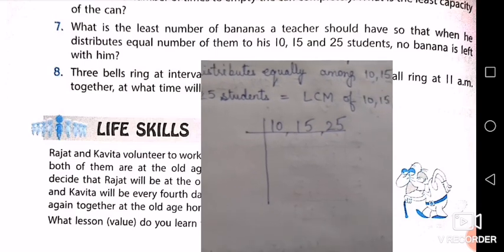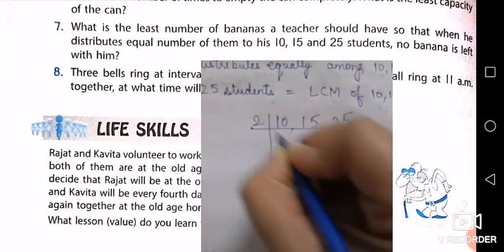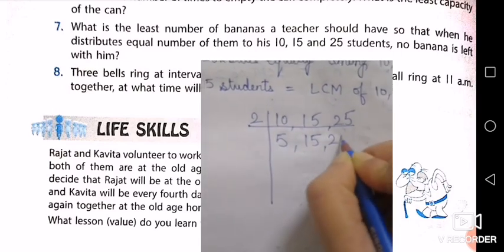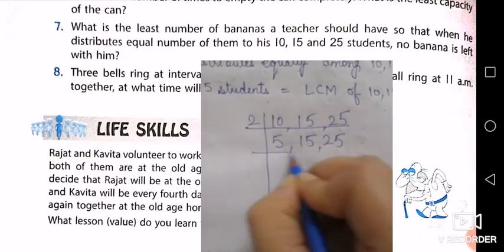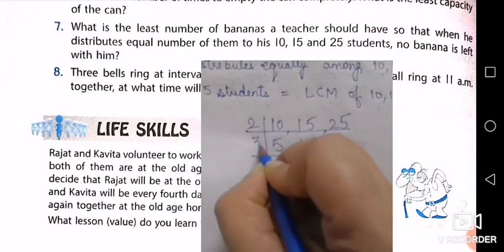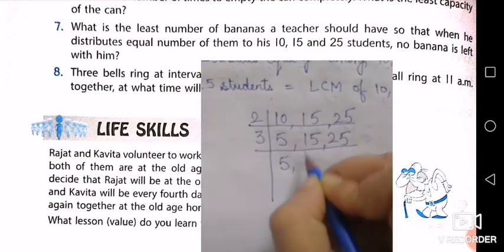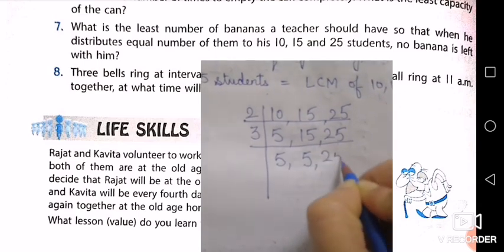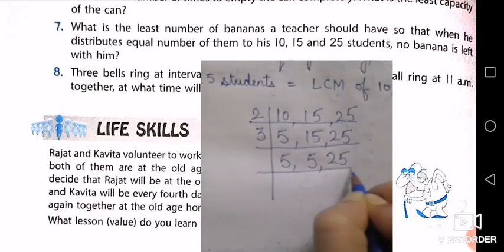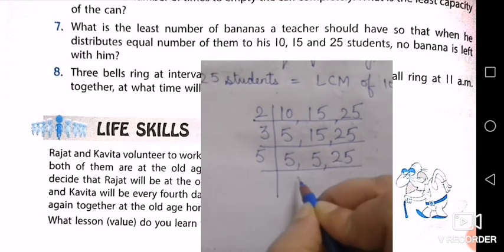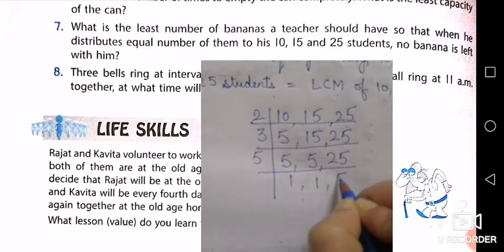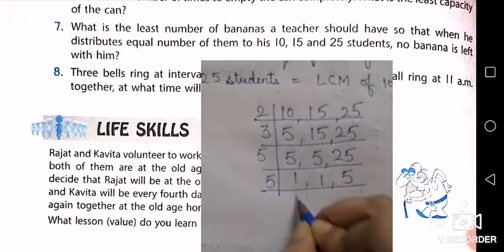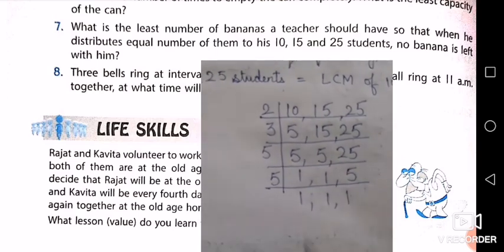Here I am using the division method to find the LCM. 2 5 times, then 15 and 25. Now next we will do the division by 3, because we can see that this 15 is divisible by 3. 3 5s are 15. Then we will do the division with 5. 5 1 times, 5 1 times, 5 5s are 25. Then again it will be divisible by 5, 1, 1 and 1.